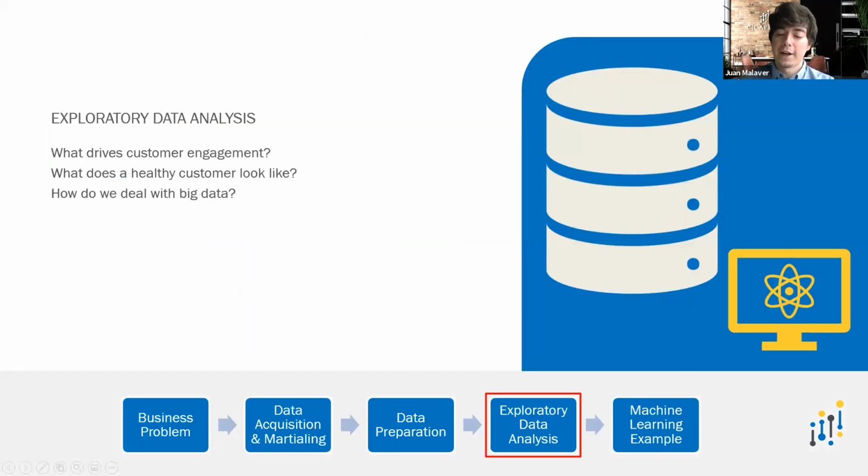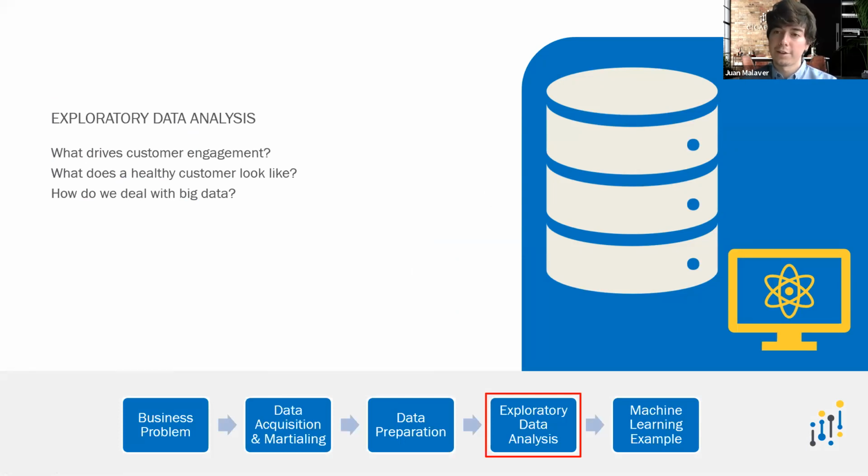All right, so now that we have the churn data set, we can move on to more data science work, specifically exploratory data analysis, where we want to start understanding some things about churn using the data. We want to answer questions like: what is driving customer engagement? What keeps customers from churning? What are those variables?